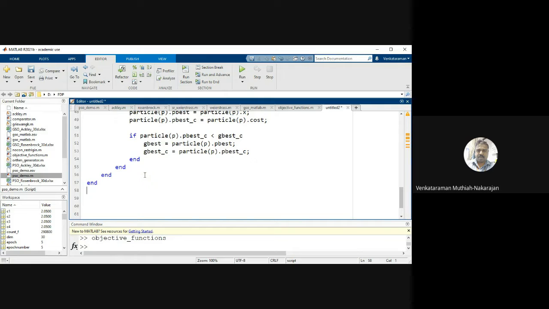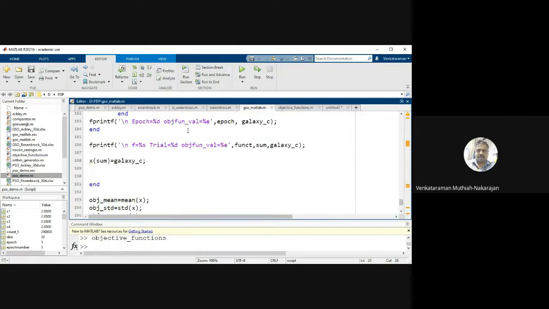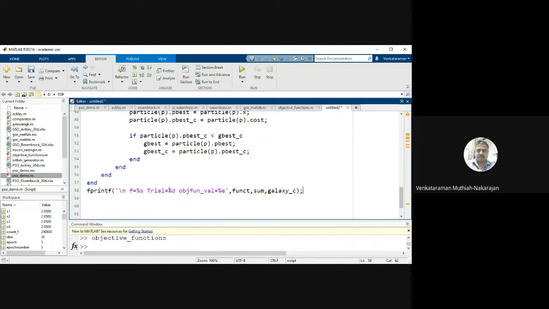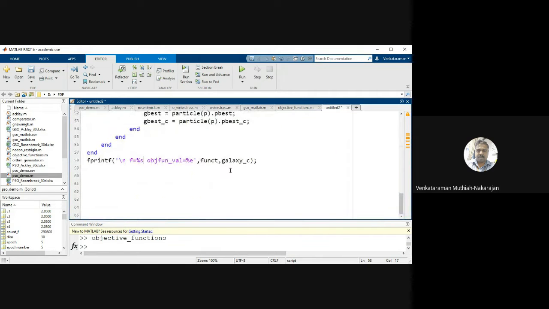Okay. So we'll print our function. Now we are ready to print our function, and we'll see if it works.